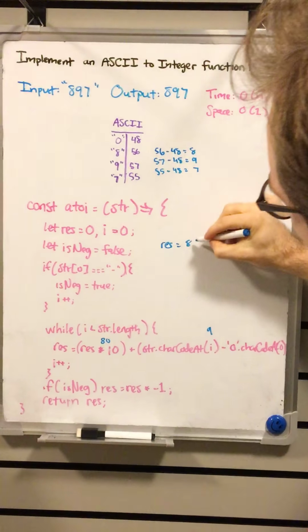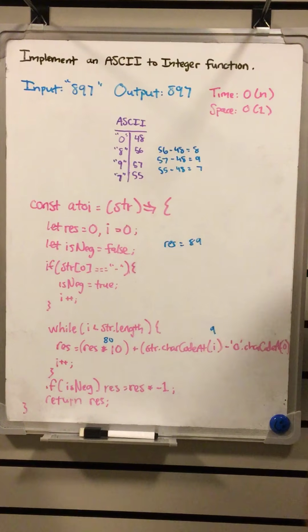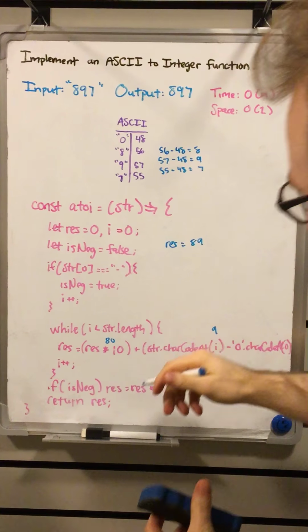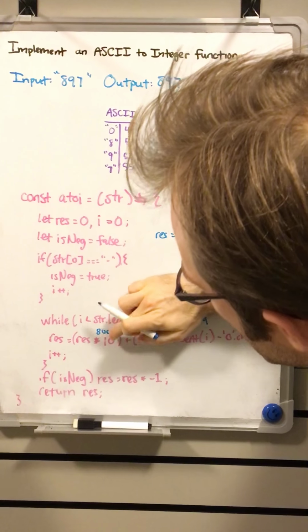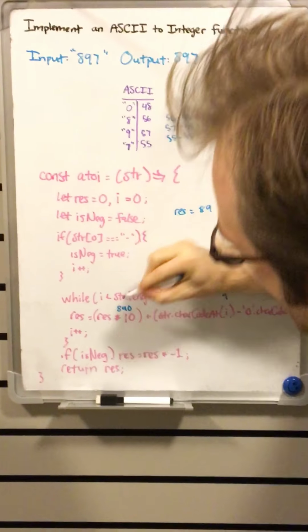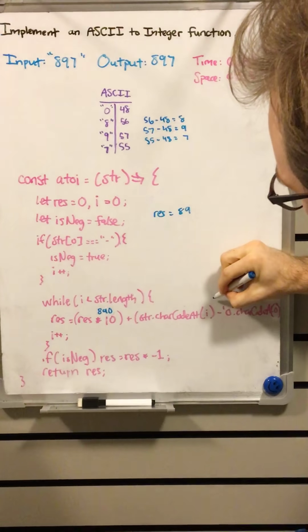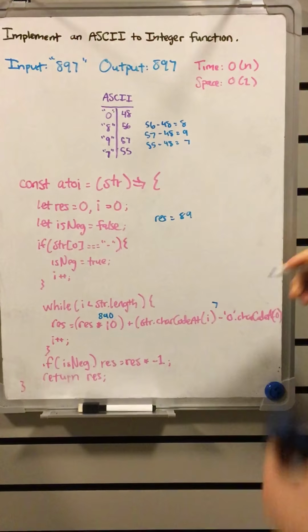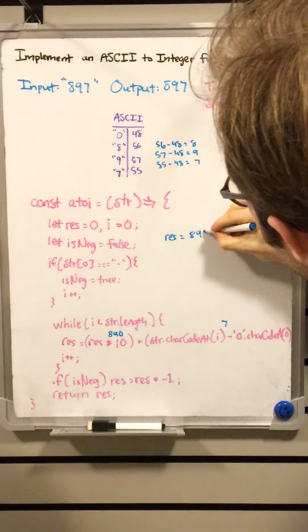Then we go to 7. 10 times res, which was 89, gives us 890. Then we get the ASCII value of 7 minus 0, which gives us 7. 890 plus 7 gives us 897.